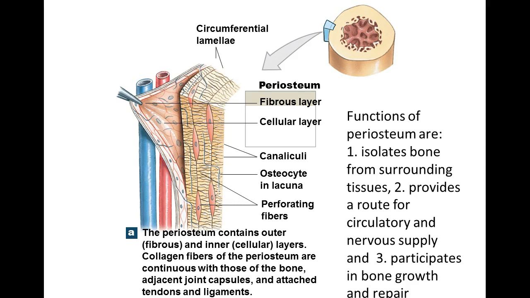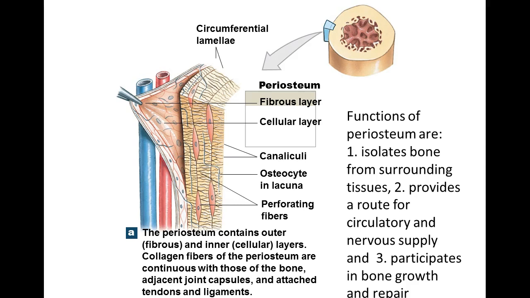The periosteum covers the entire bone except for at the joint capsule. So at the ends, you could say, where the bones come together to form joints. With that, you have the capacity for osteoblasts, and then you have the capacity for specialized bone cells to create bone on the outside of the long bone.